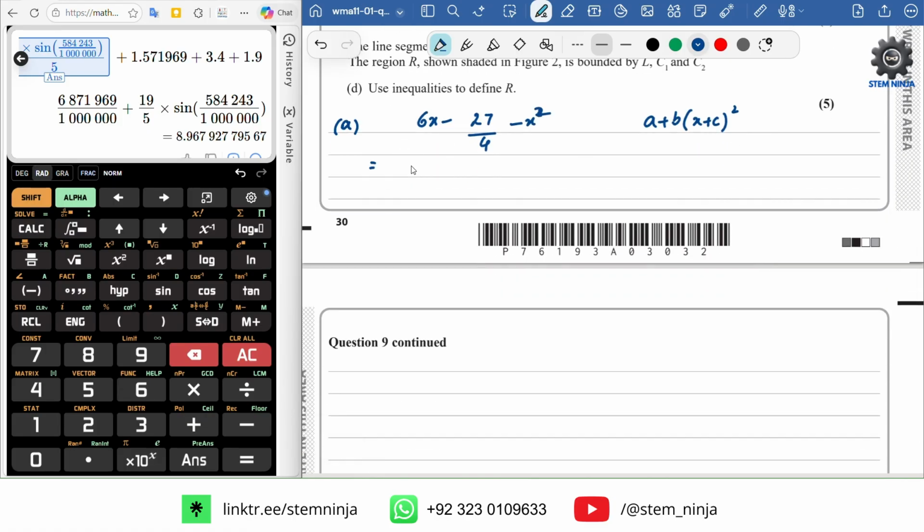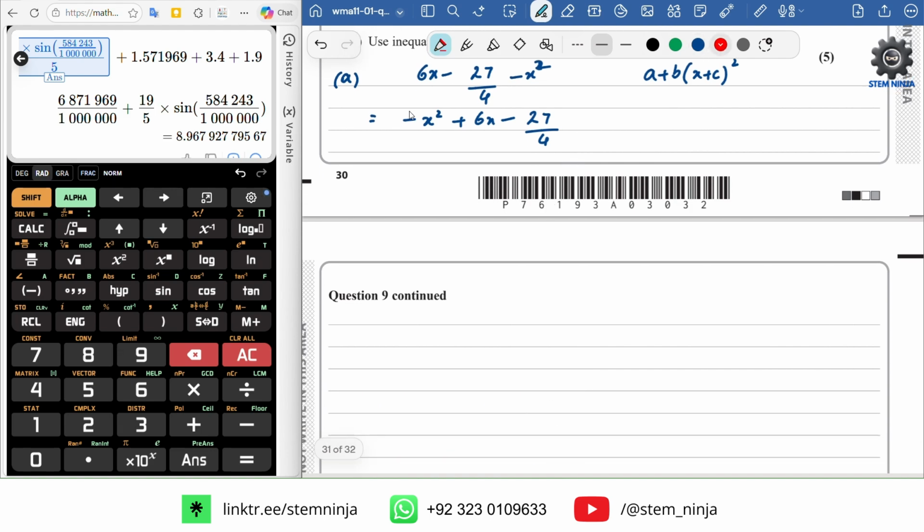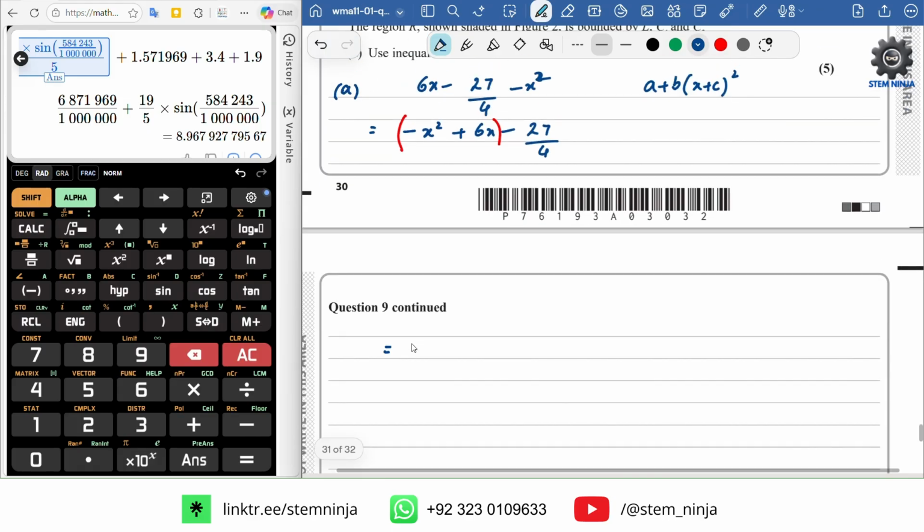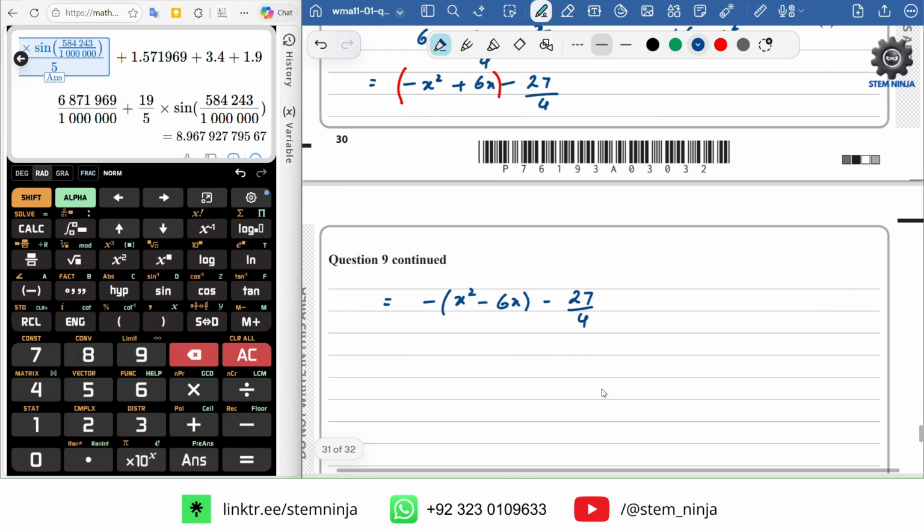So what we can do is we can rewrite that as minus x squared plus 6x minus 27 over 4. Okay, so remember, this is the square that we need to complete. So minus brought out. Simply this becomes x squared minus 6x minus 27 over 4. Now we complete the square inside the brackets.